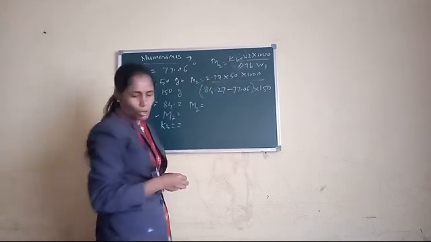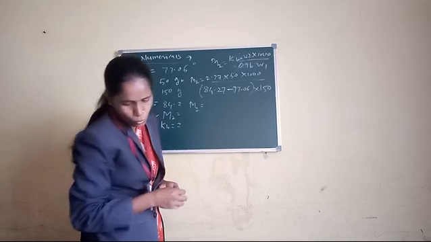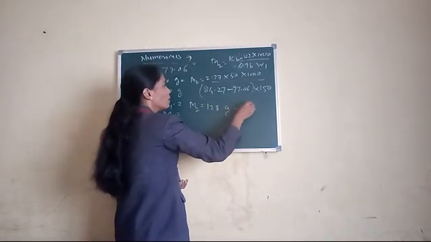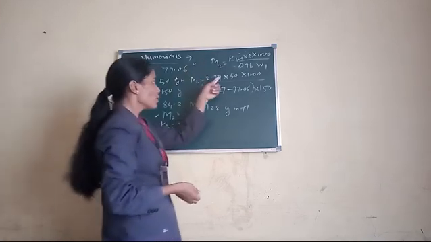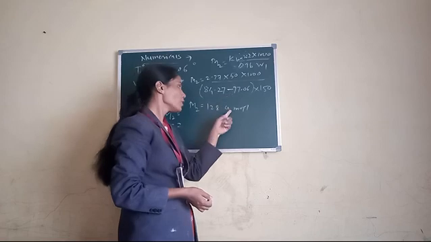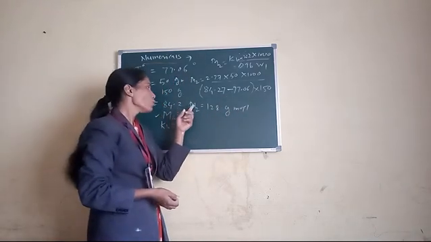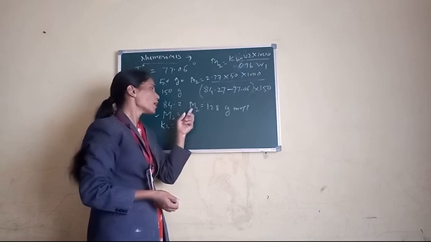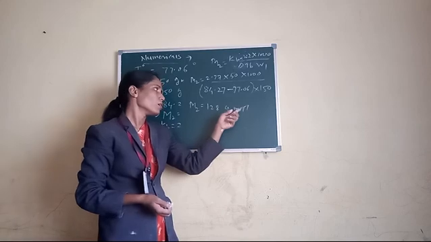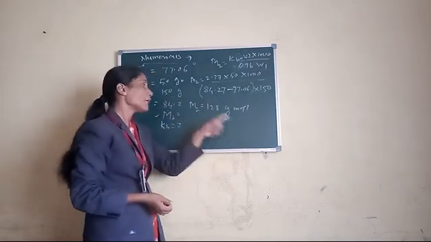The answer by simplification is 128 gram per mole. By adding all units and cancelling, the unit that remains is gram per mole. M2, molar mass, always has the fixed unit gram per mole, and W has unit gram, only gram.